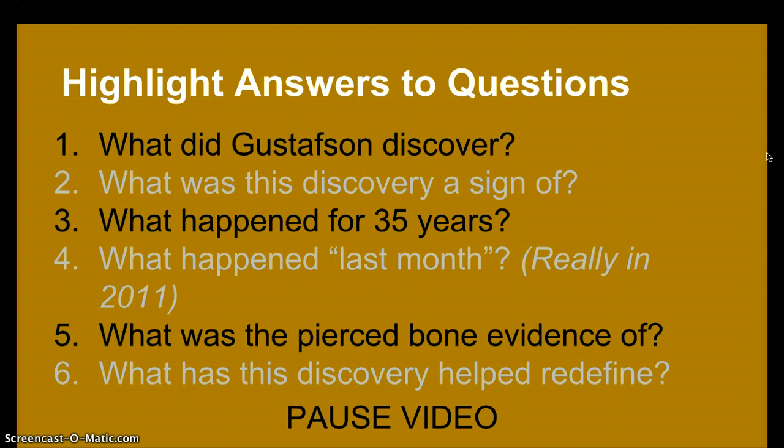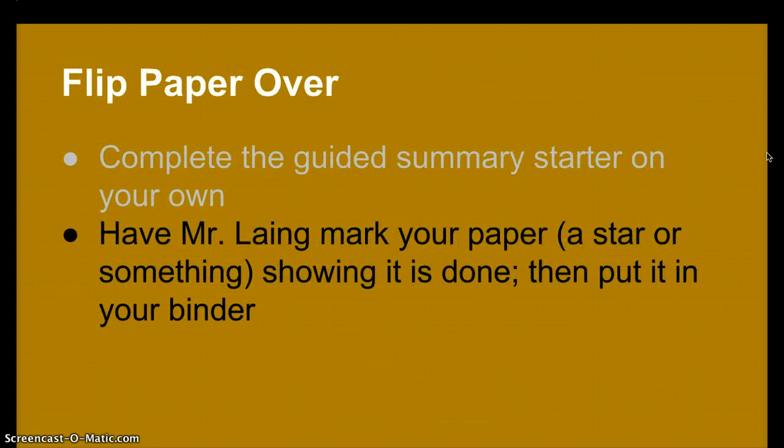Now, please take your highlighter and reread the text to answer these questions by highlighting the part of the text. Go back. Highlight the part of the text that answers these 6 questions. Pause the video. Now, you're going to flip your paper over, and on the back, there is a guided summary starter. Please complete this by yourself.